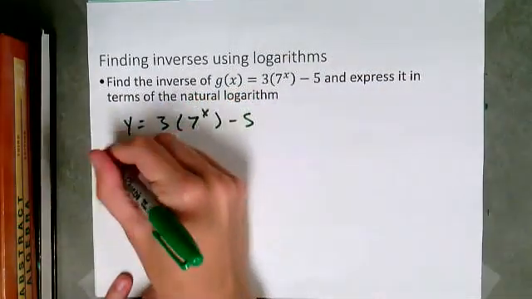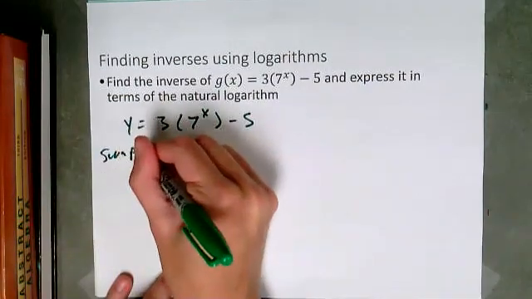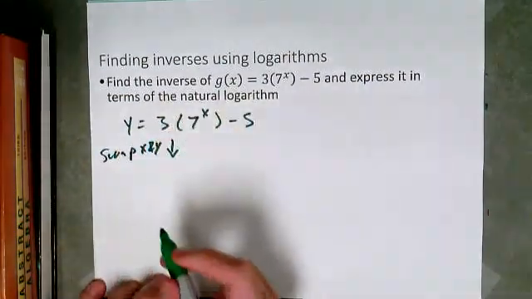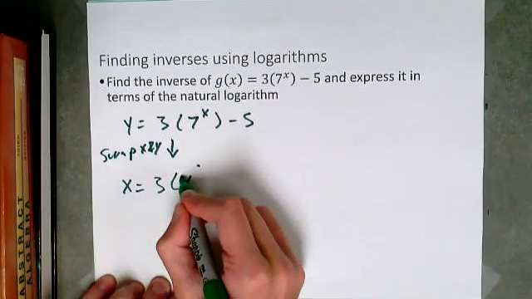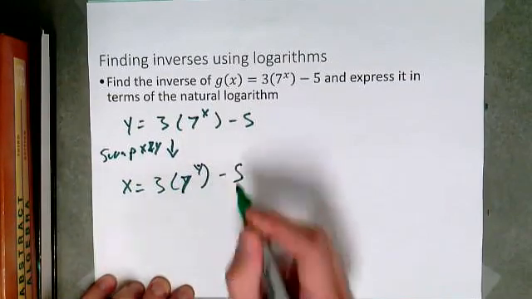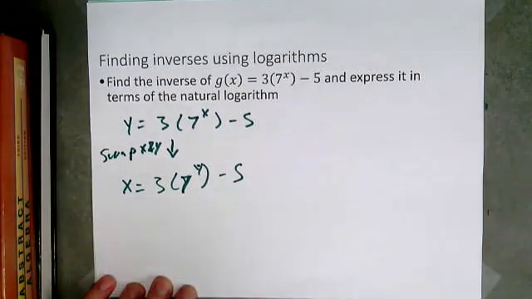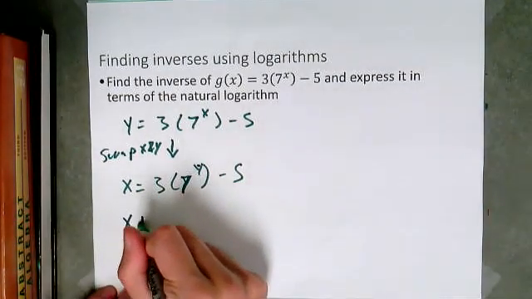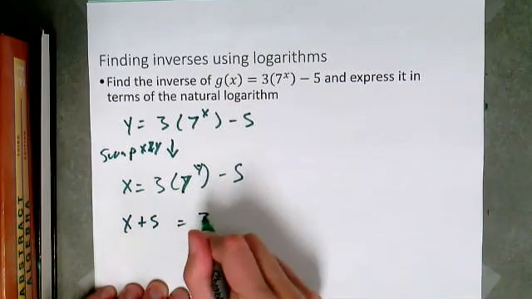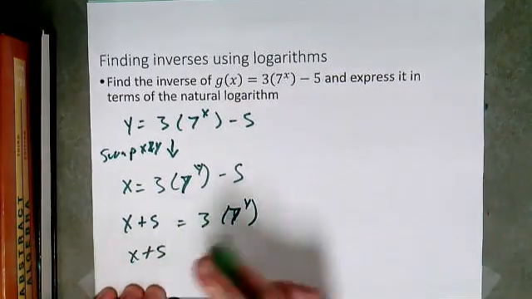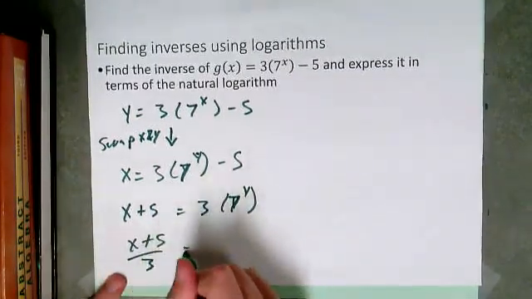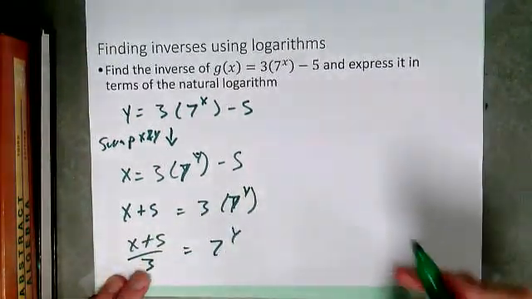We're going to swap x and y, and we get x equals 3 times 7 to the y minus 5, and we're going to solve for y. So we get x plus 5 equals 3 times 7 to the y. So x plus 5 over 3 is equal to 7 to the y.